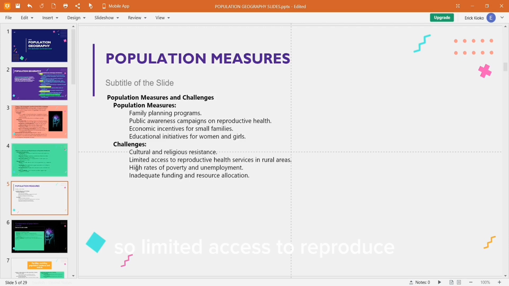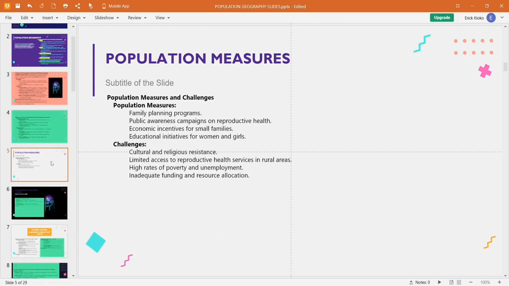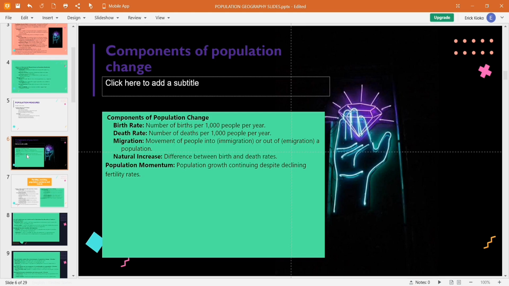Limited access to reproductive health services in rural areas, which are not even developed, so the services are not that competent. High rates of poverty and unemployment, inadequate funding and resource allocation. Right, let us move to the next slide.